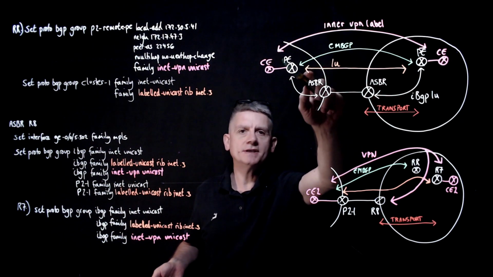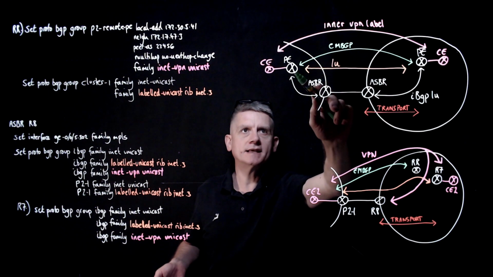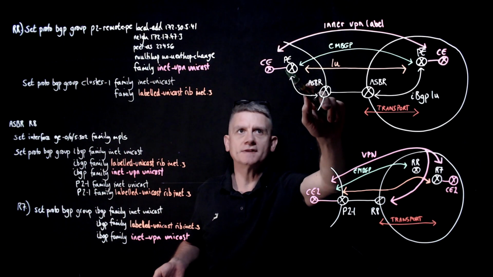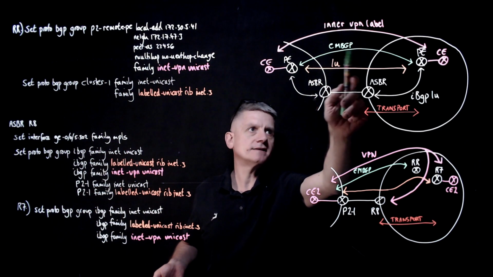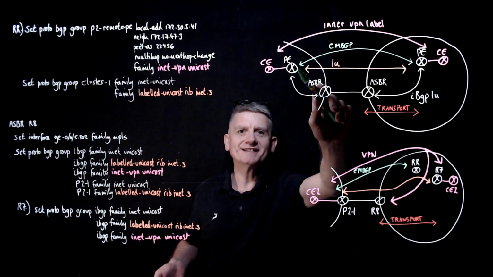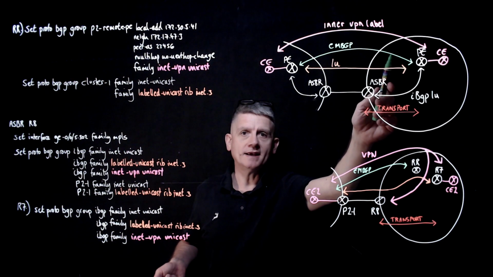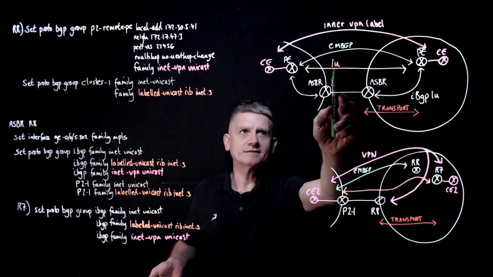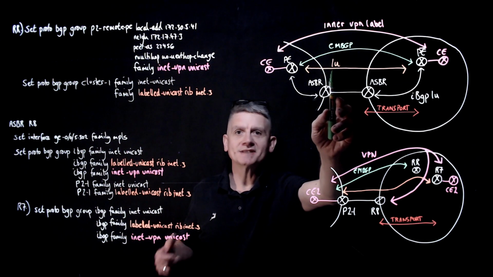It's going to look in the BGP L3 VPN table, it's going to see the route, and it's going to see it resolving to the IP address of the remote PE, which in this case has come across the external multi-protocol BGP. That IP address is going to be stored in the table with a label, and that label is the labeled unicast. So that label becomes the second label.